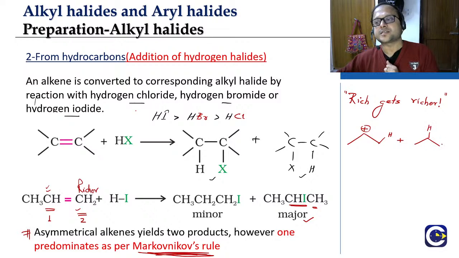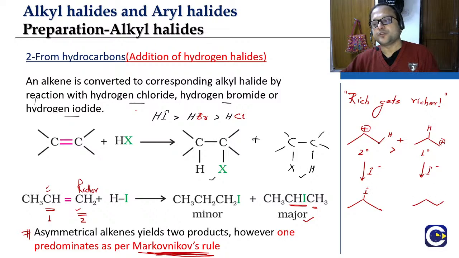Hydrogen, if it comes on the secondary position, positive charge will be here. So you can see that you have got a secondary carbocation and a primary carbocation. We all know that the order is tertiary, secondary, primary. So in this case, secondary carbocation is going to predominate, and when now I negative follows, you get this, and from here you get this.